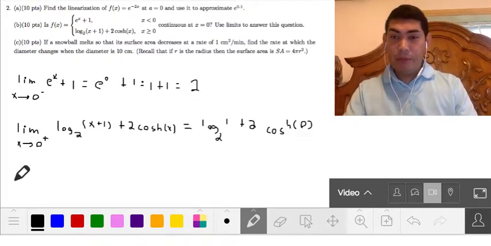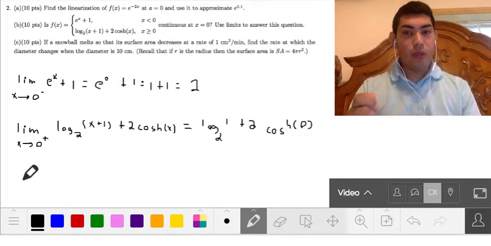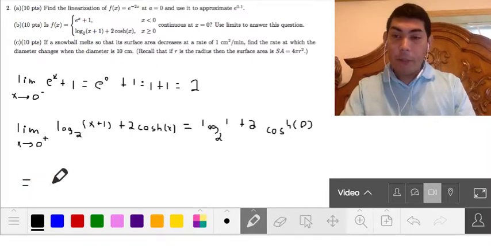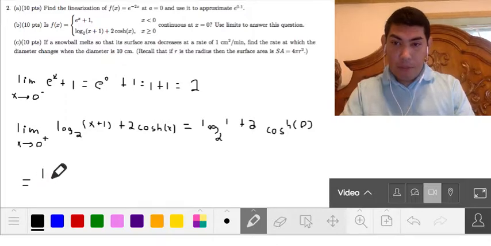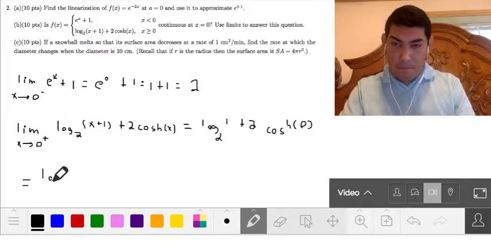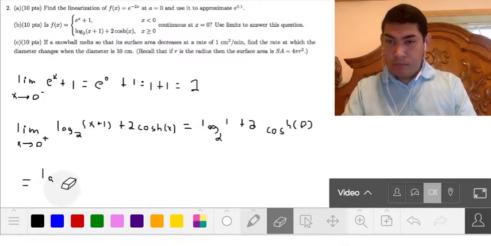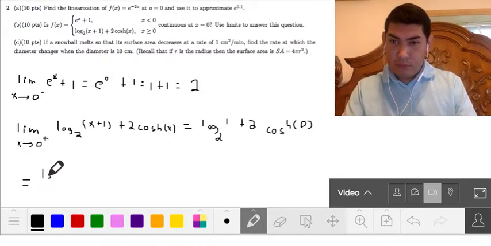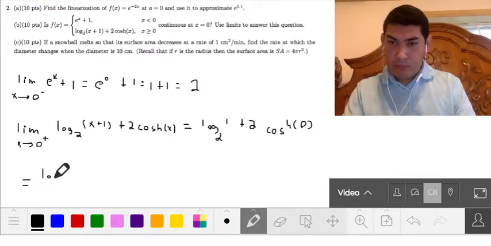So if we see the logarithm base 2 of 1, by our logarithm properties, we can write that as the logarithm of 1 divided by the logarithm of 2.